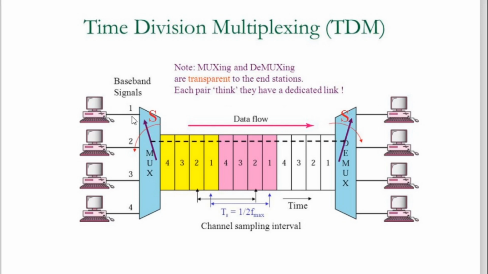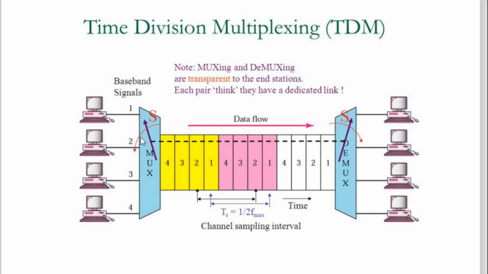Therefore whatever information is sent by this computer will pass on this communication channel. And now the communication is established between the sender computer number 1 and the receiver computer number 1, because the switch is at position number 1 on the right hand side and position number 1 on the left hand side.